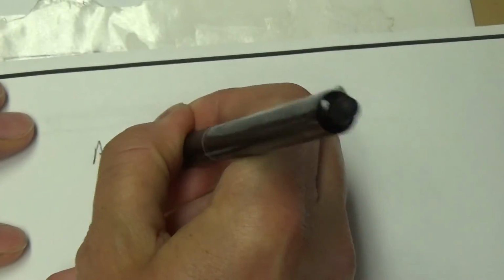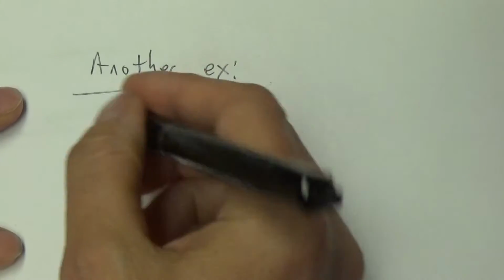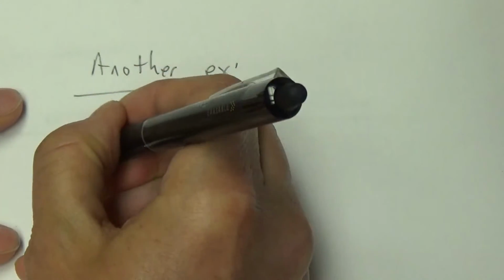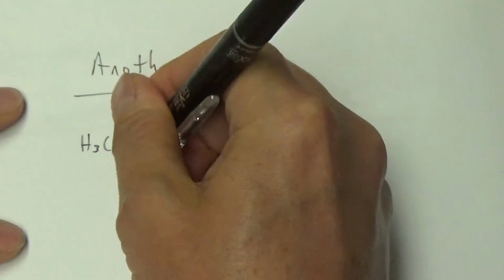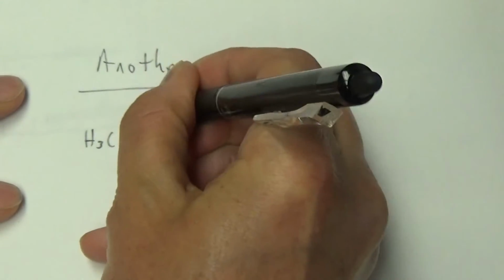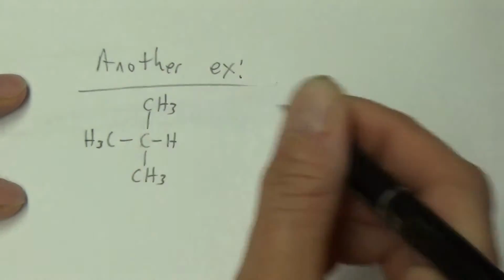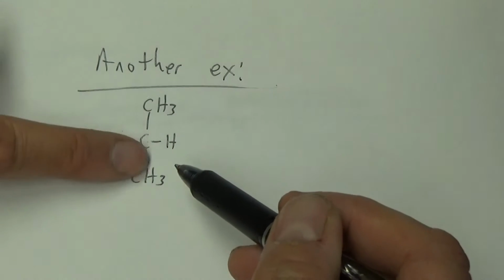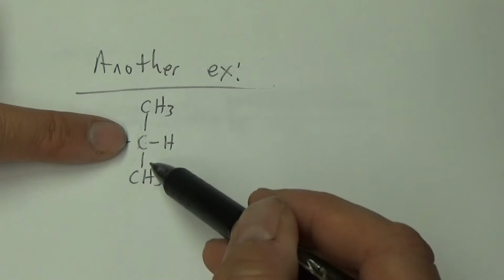Let's do another example. This time it's a slightly different molecule. What's the name of that molecule? It looks like it's propane with a methyl on 2.